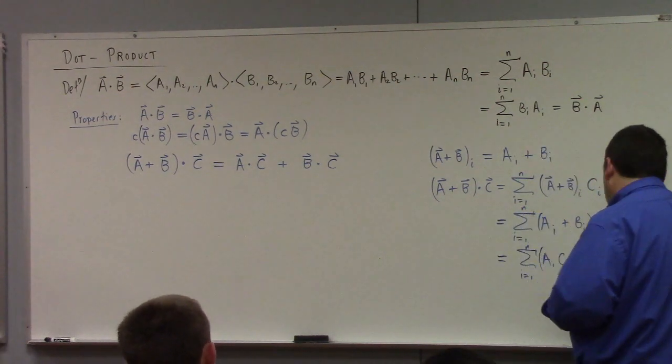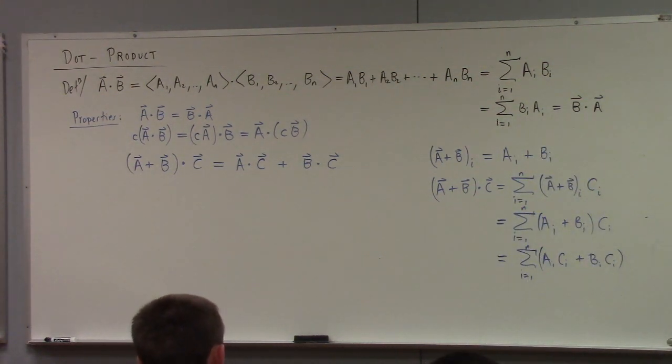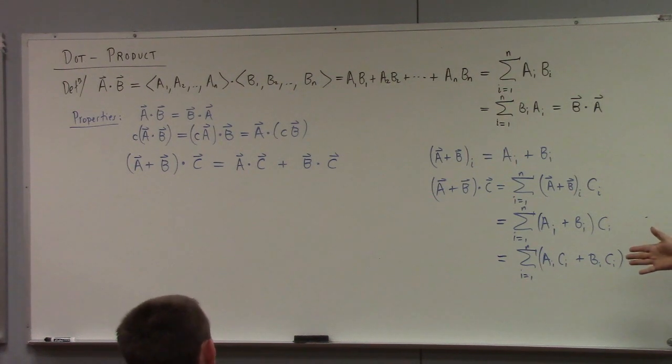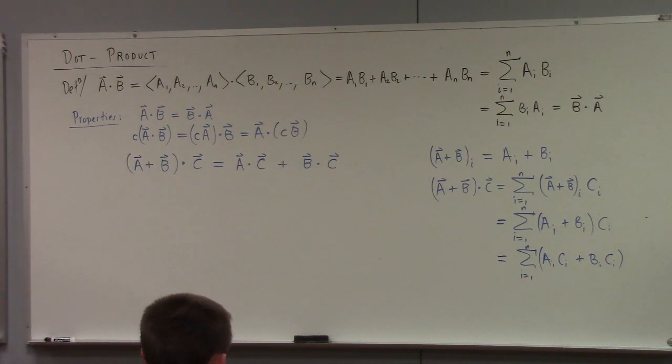Maybe put some parentheses here to emphasize they're both in the sum. And then the sum of a sum is the sum of the sums. Anyway, you can break it up into two sums and then recognize that you've got the dot product of A with C and B with C, and you're done. If I write any more, I've solved the homework, but yeah.